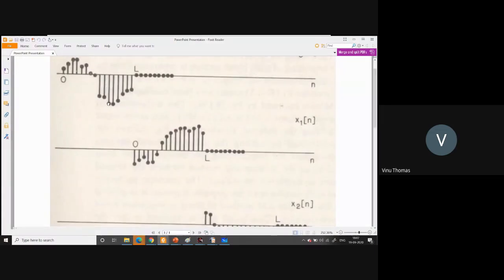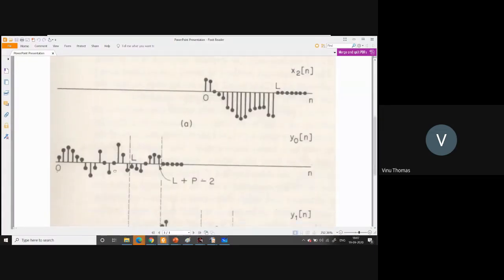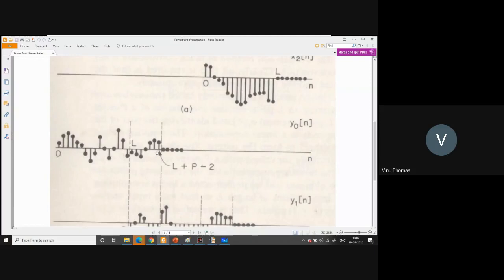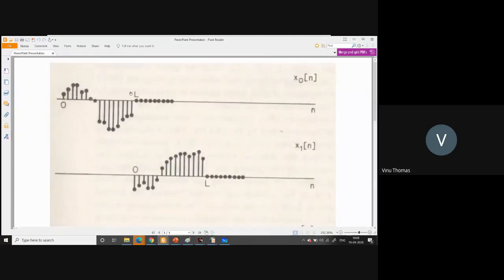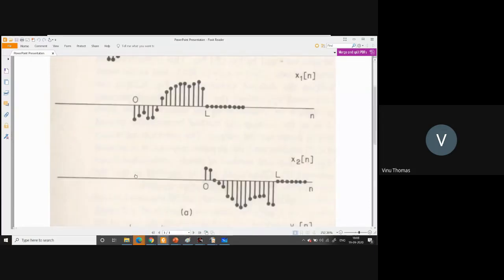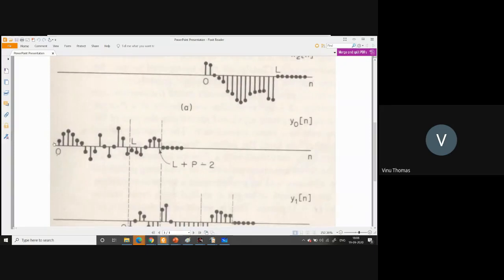So let us look at the first output, that is, y0 of n. How many samples will be there in y0 of n? y0 of n will have L plus P minus 1 samples. So this is marked here: 0, 1, 2, up to L plus P minus 2. There are L plus P minus 1 samples here.